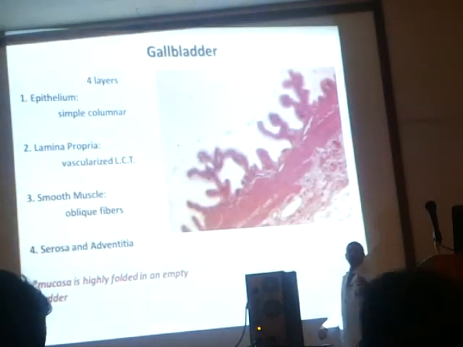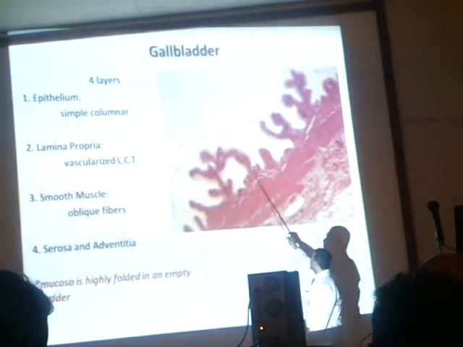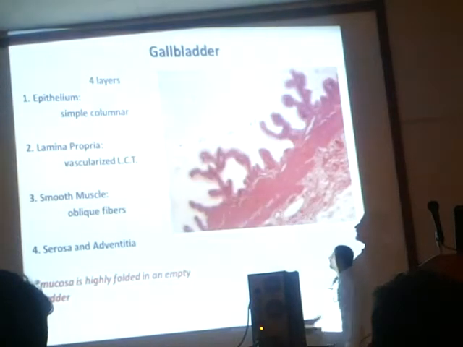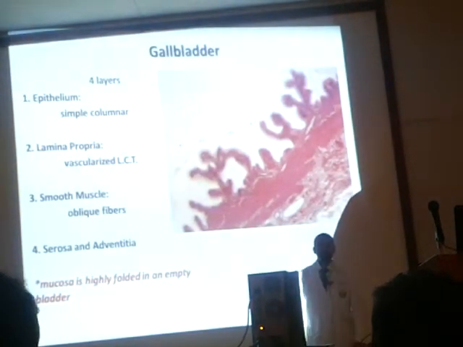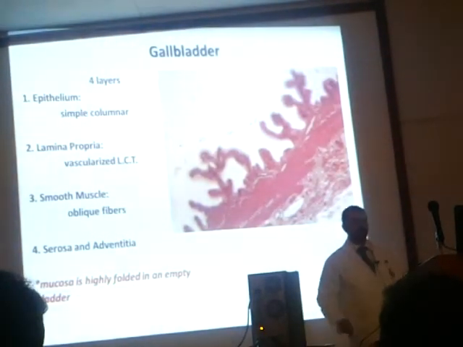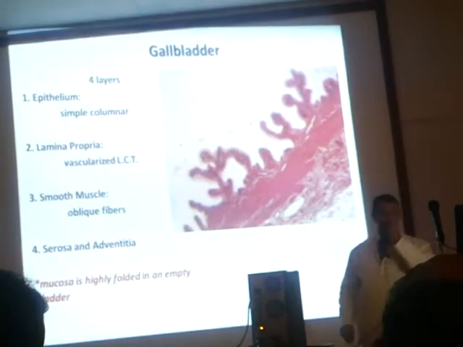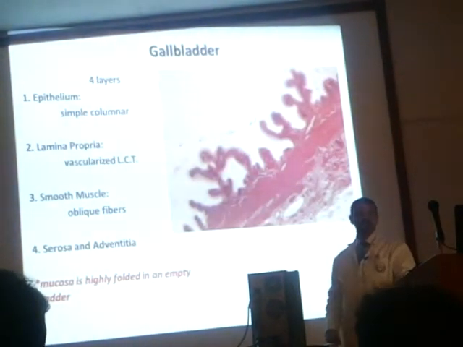There is no muscularis mucosa and no submucosa. Directly after the lamina propria, you get into the smooth muscle, the muscularis externa, which we call oblique fibers. Then you will have serosa and adventitia.